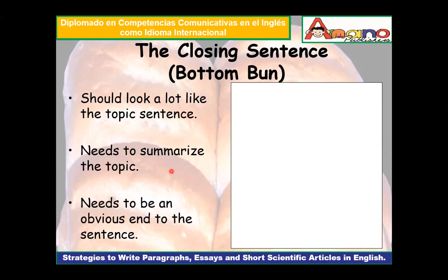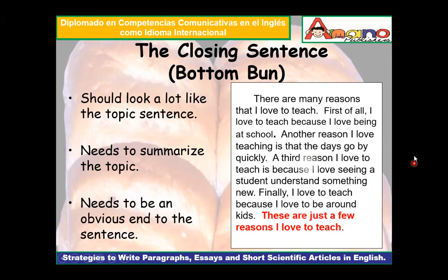And what about needs to be an obvious end to the sentence? Okay. Vamos a verlo aquí de esta manera. These are just few reasons I love to teach. Habló de reasons al principio. Habló de reasons acá. Habló de reasons aquí.